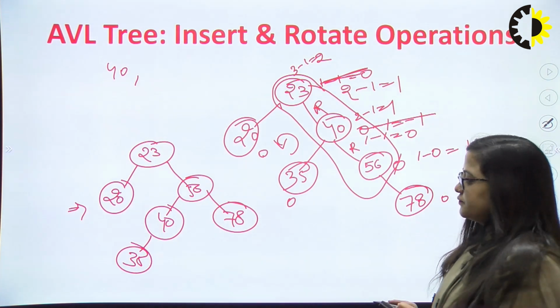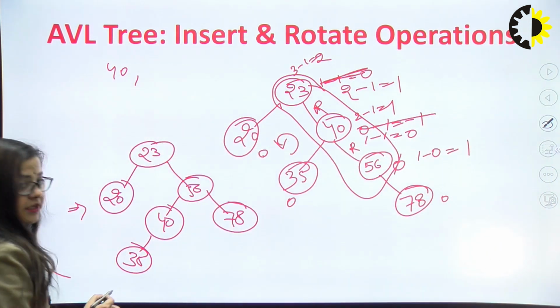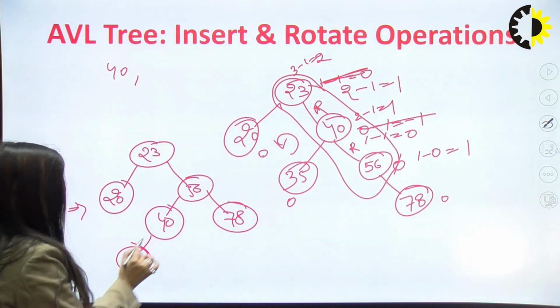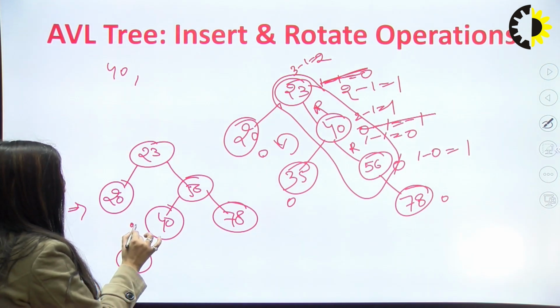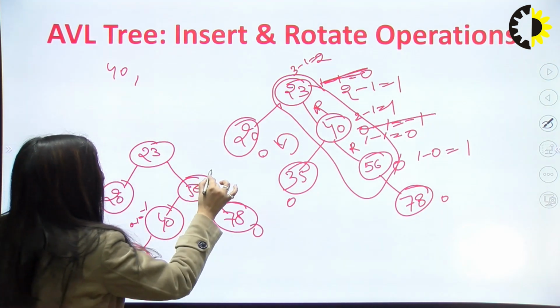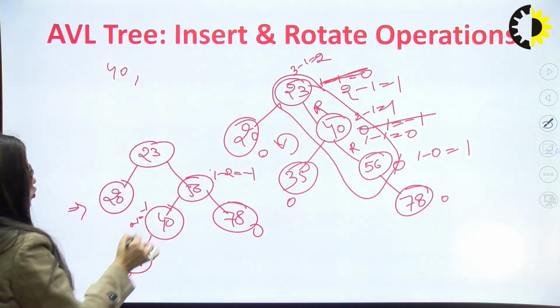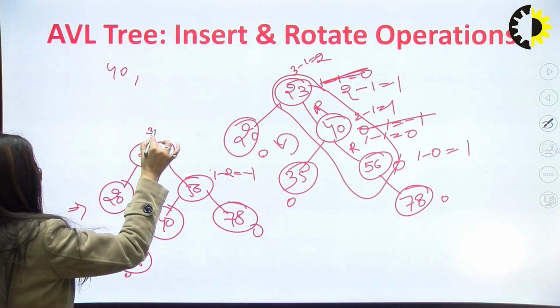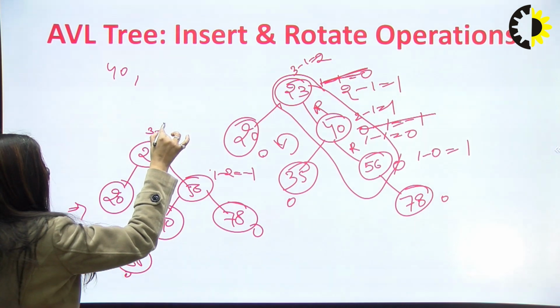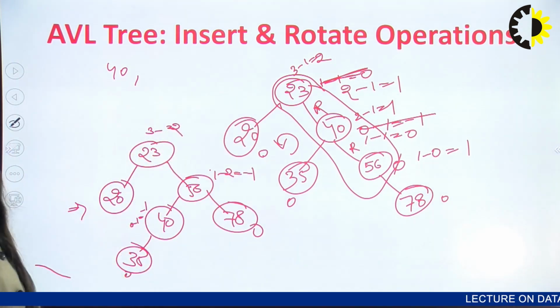Got it? Check whether each BST condition is fulfilled or not. 0, 1, 0 minus 1 is -1, 0, 2, 1 minus 2 is -1, and 1, 2, 3, 3 minus 1 is 2. No violating condition occurs again.